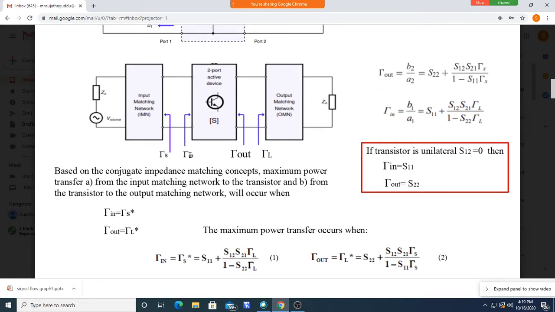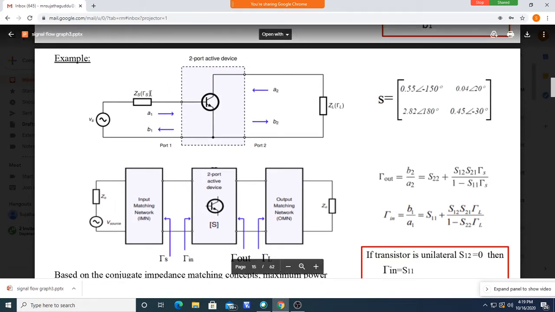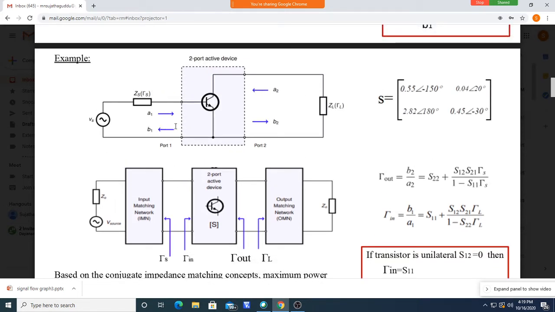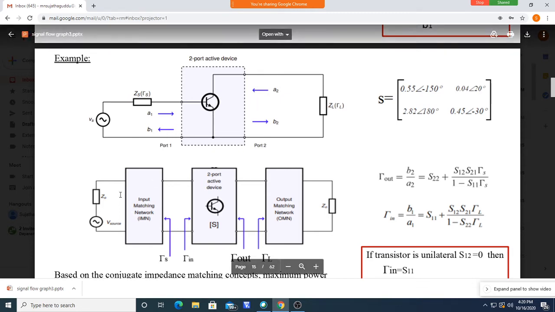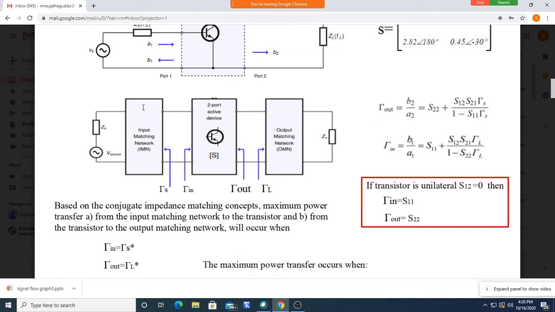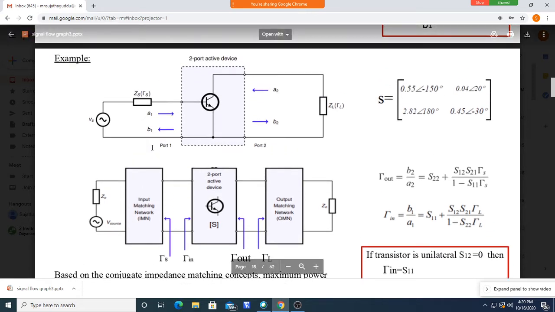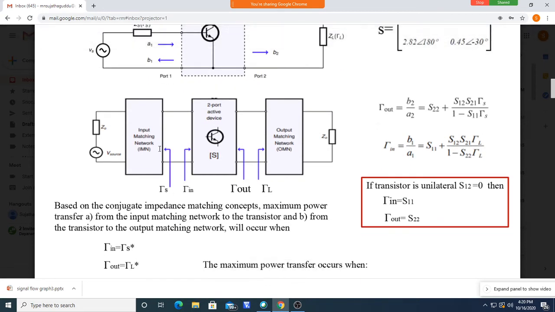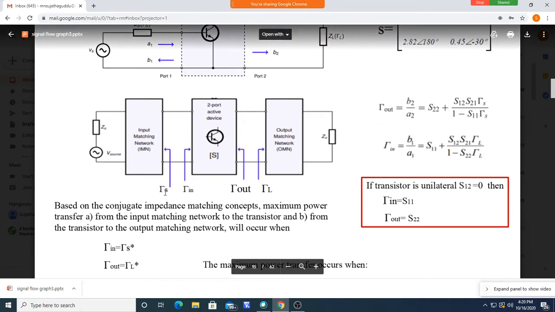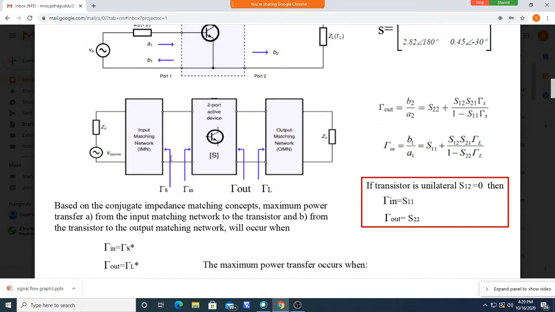For maximum power transfer, if ZS is not the complex conjugate of the input impedance of this network, what we have to do is go for an impedance matching network. See here, this is the impedance matching network. You should connect it, and by connecting this, the input impedance between these two terminals should be the complex conjugate of the impedance looking in this direction.